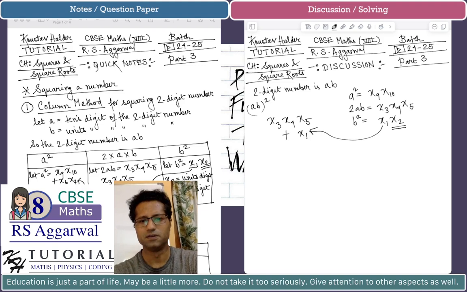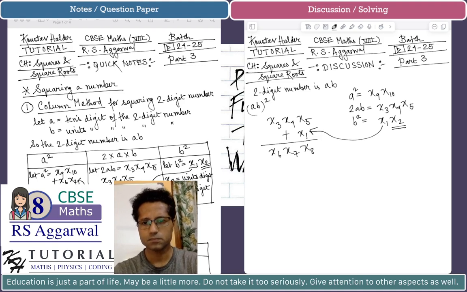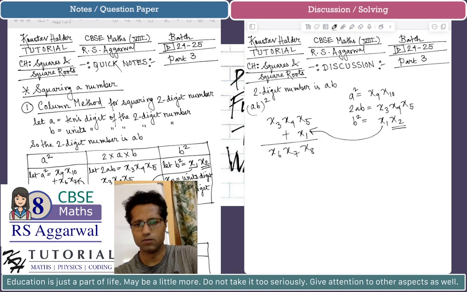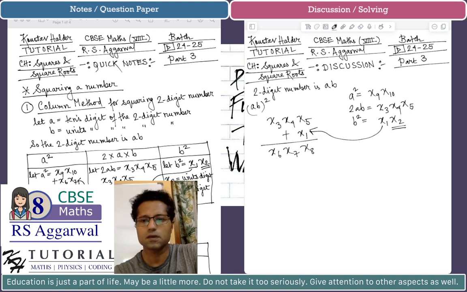Anyway, after adding, let's say the value is a three digit number, with digits x6, x7 and x8. It could be maximum three digit number after adding x1 to the value of twice of ab.